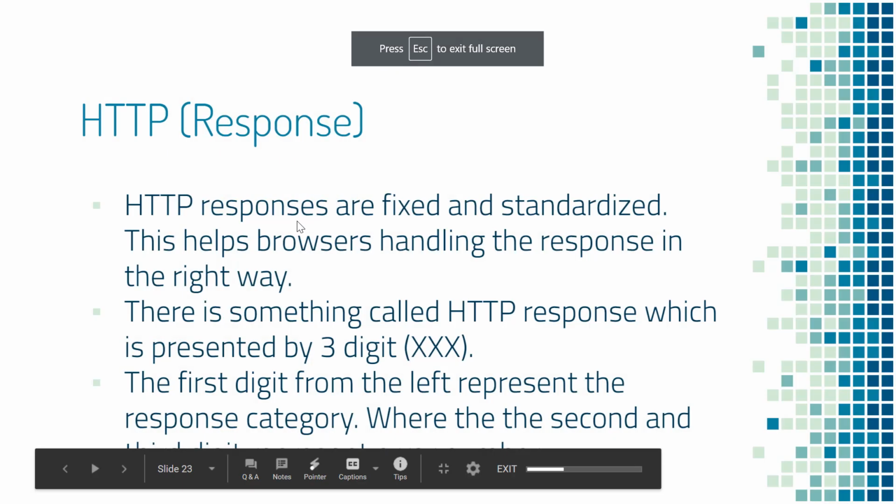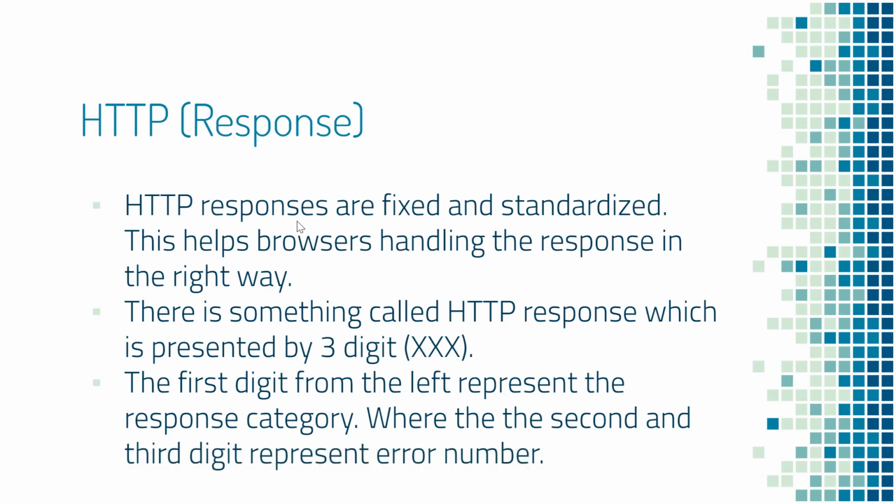Okay, so when it comes to the response, the browser should understand how to deal with the response or how to process it. Let's say you're trying to access a resource that is not found on the server, how should the server react to this request?